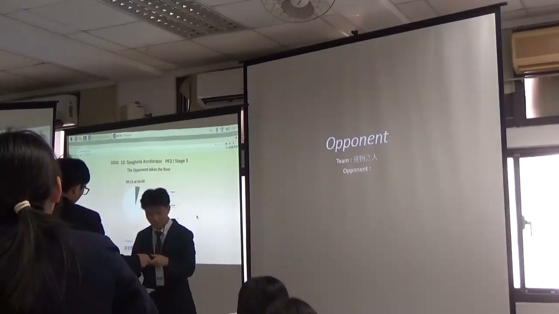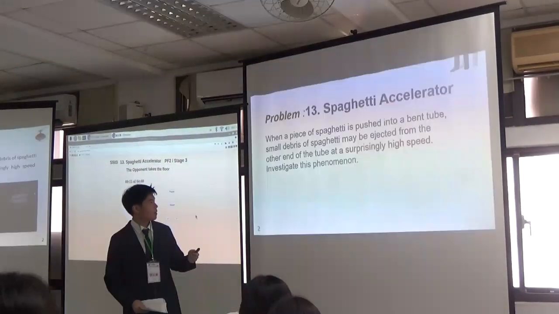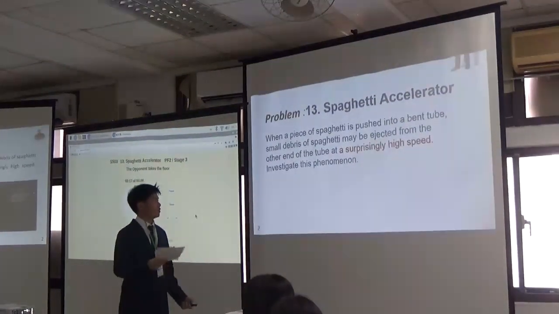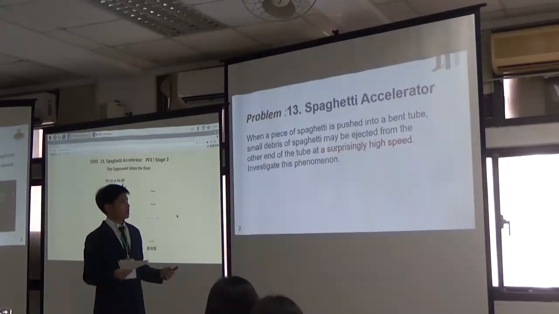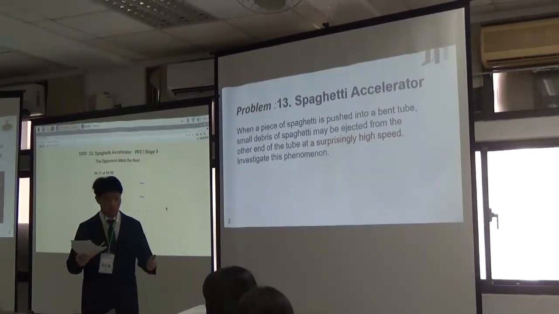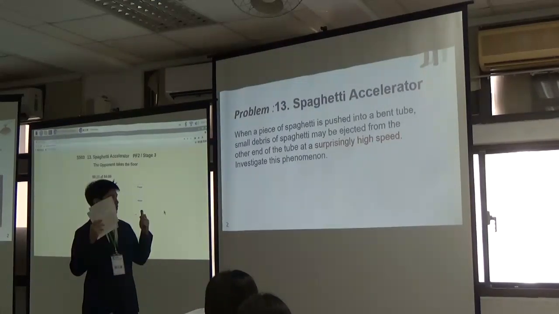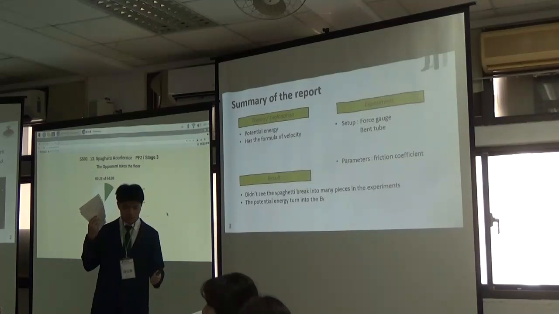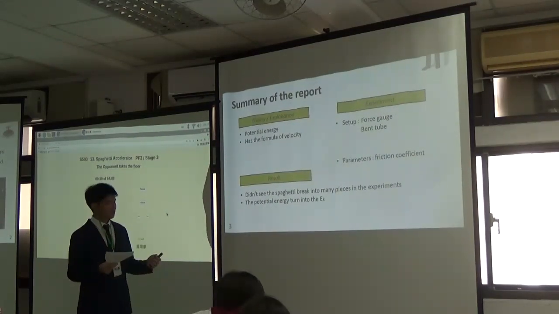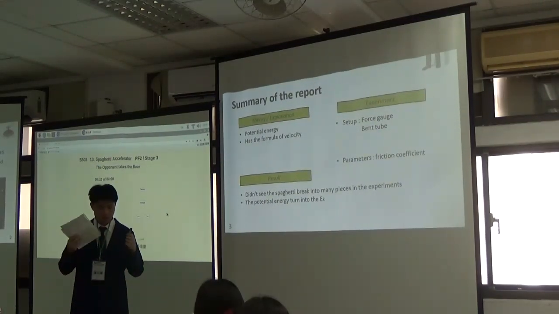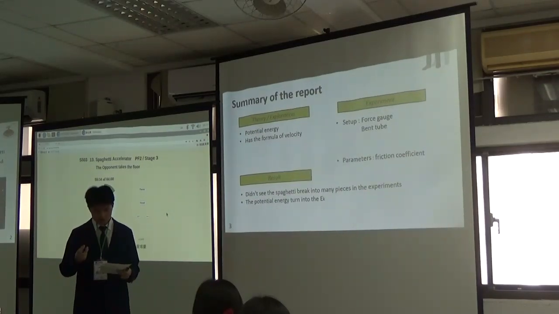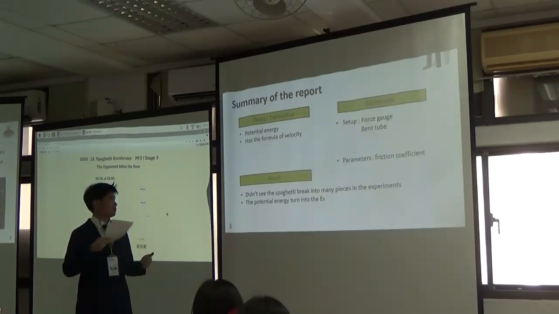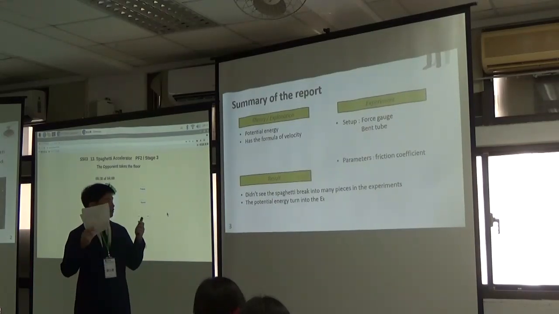Okay, I will focus on the ejection speed and how the experiment reflects the ejection speed. According to the discussion, we use the potential energies to explain why the spaghetti will eject from the pipe, and there is a formula to associate it.